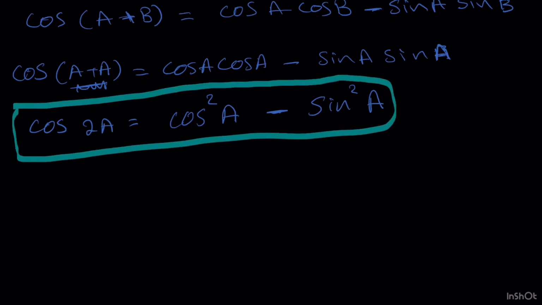So cosine 2A equals cosine squared A minus sine squared A. Happy? Yes, you are. You can't be not happy.